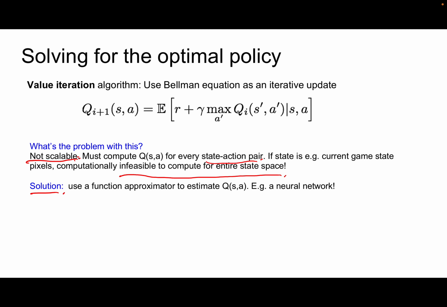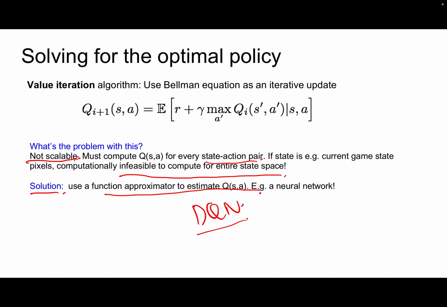The solution is to use a function approximator to estimate Q of S and A. Instead of making a huge table, we can introduce a neural network that takes S and A as inputs and outputs the Q value. That is the deep Q network, which we will learn in the next class.